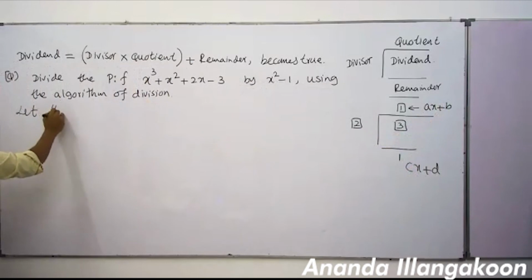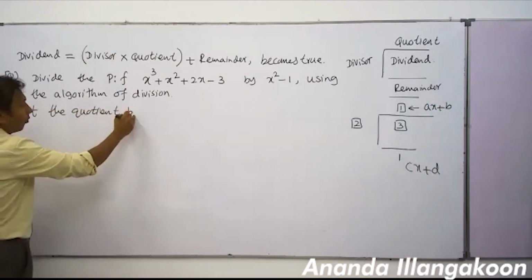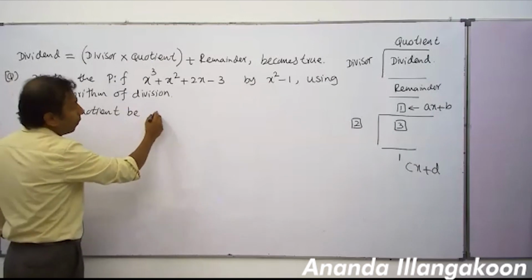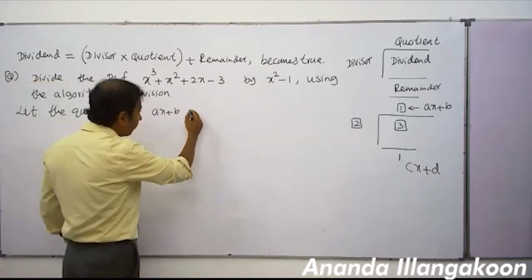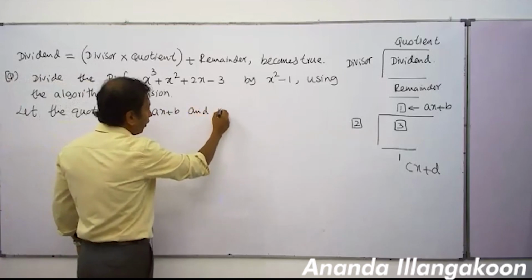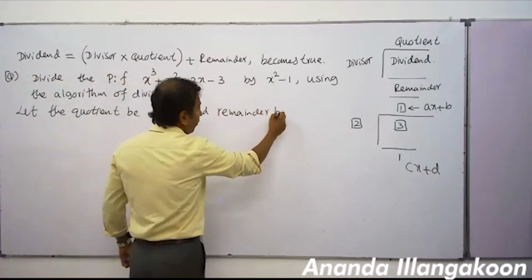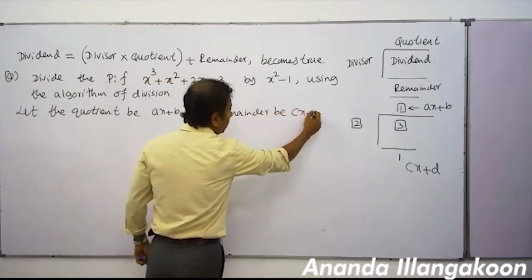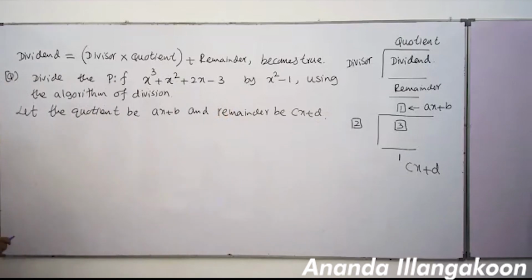Let the quotient be ax plus b and the remainder be cx plus d.